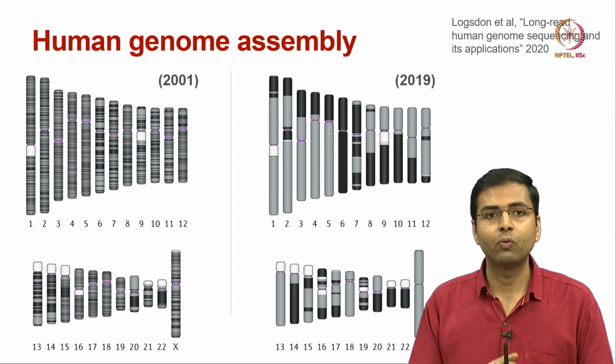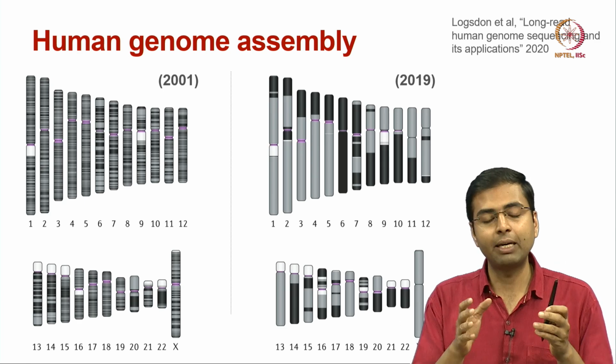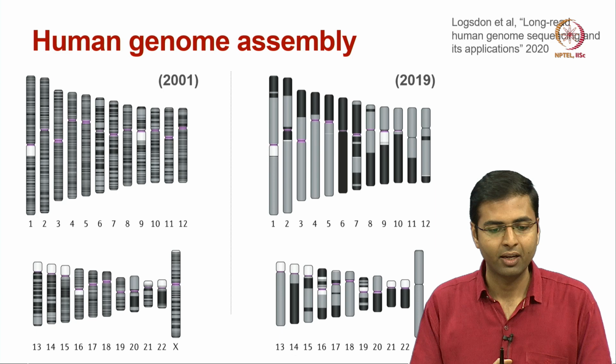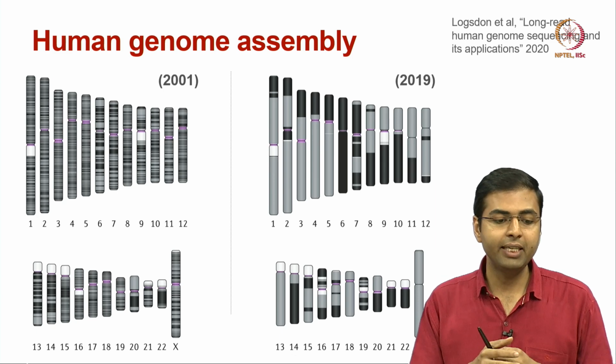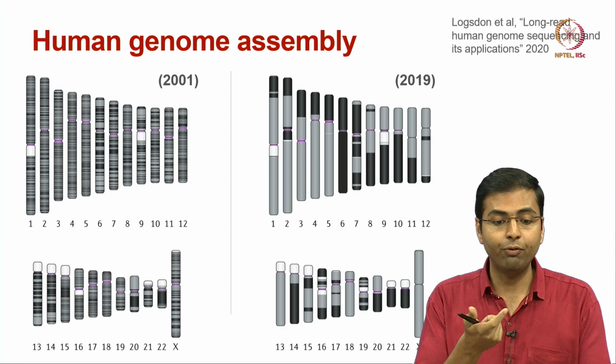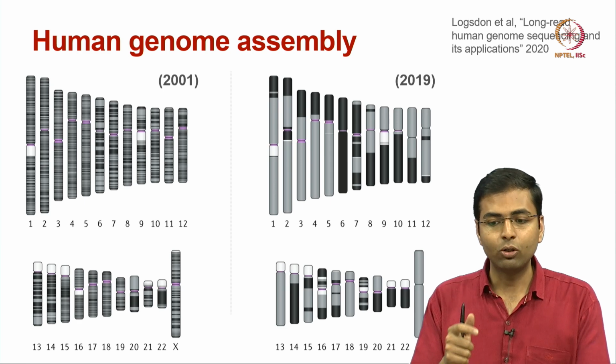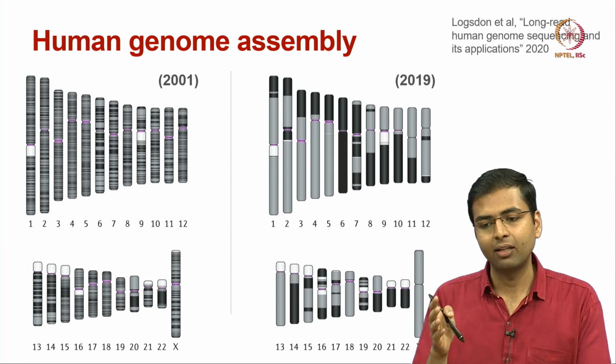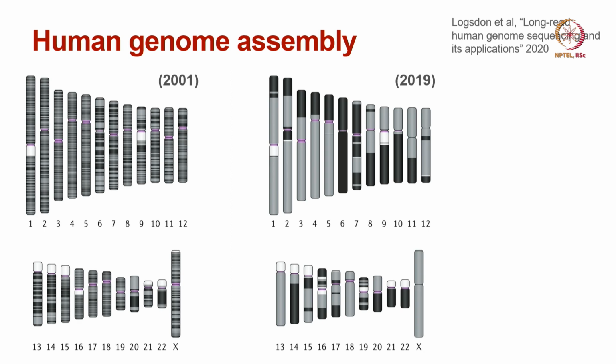I am showing you the visualization of genome assembly of a human genome. On the left you see a visualization of the assembly from 2001, and on the right you see the assembly from 2019. Each vertical segment in this figure shows you a chromosome.